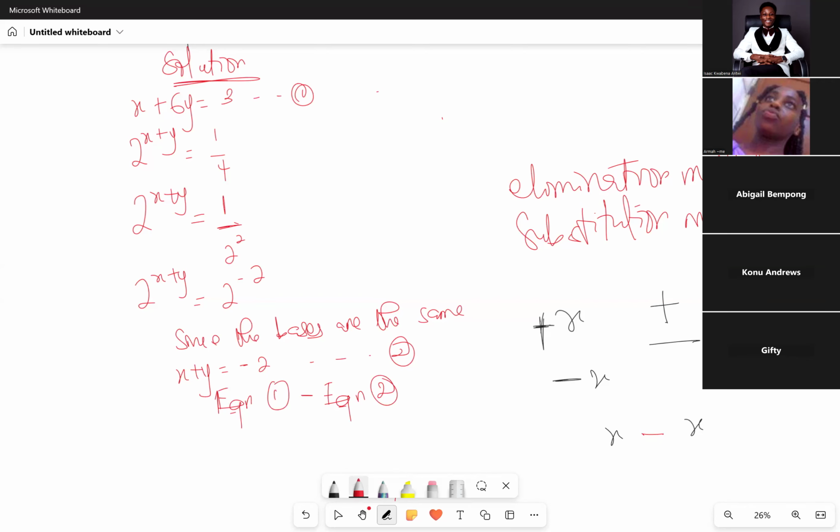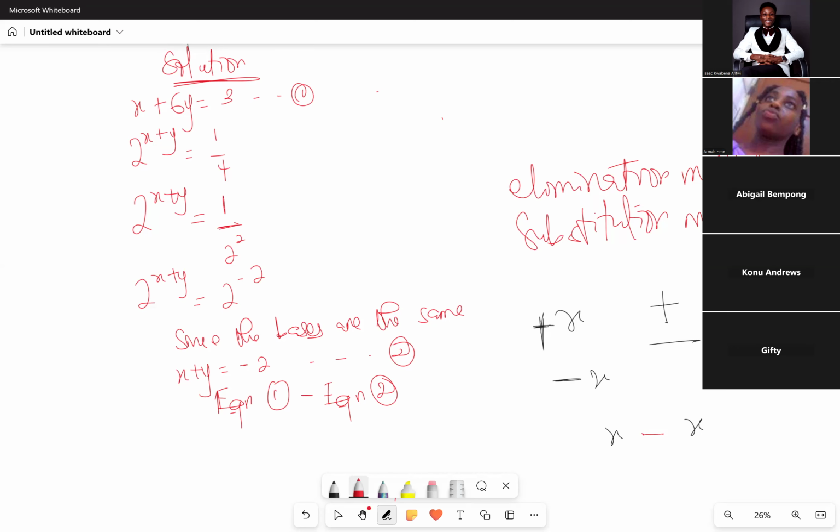For a bit of clarity, why am I making subtraction? You must look at the coefficient, you must look at the variables involved. The variables involved are x and y. Now choose one of the variables that bear the same coefficient. Then you ask yourself, how do I make it 0?